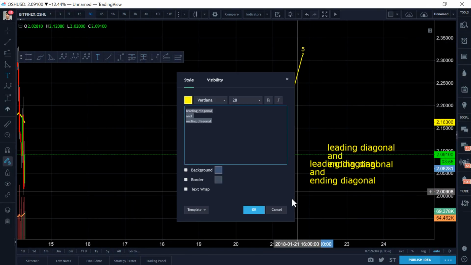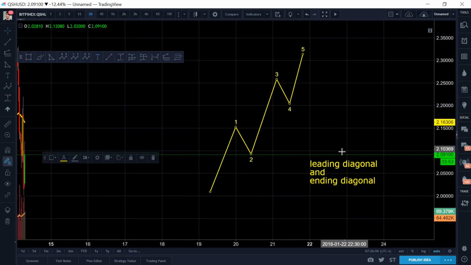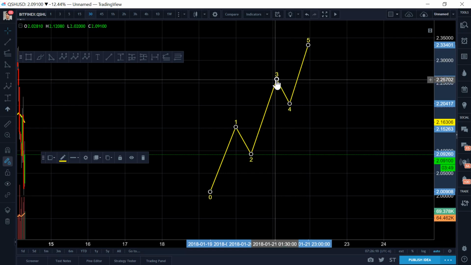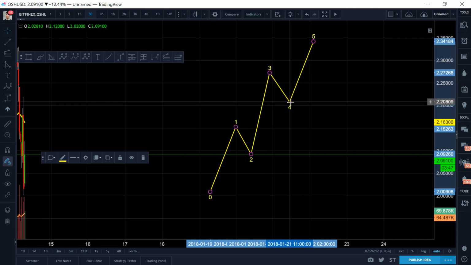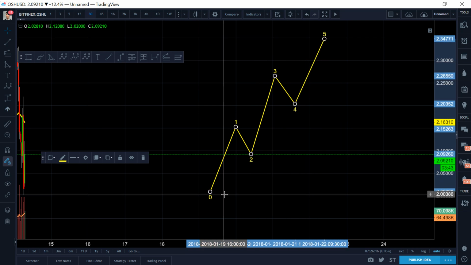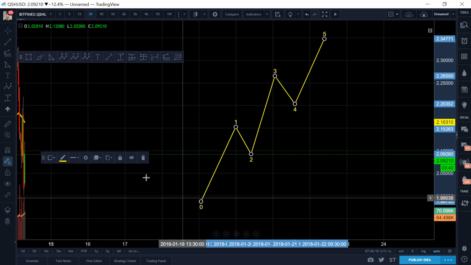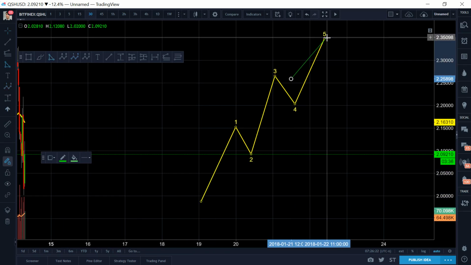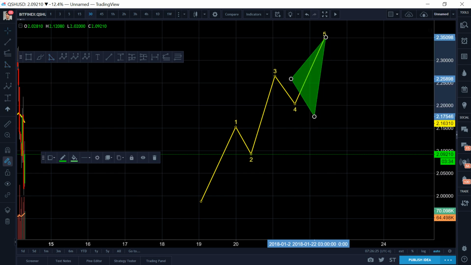So diagonals can occur in wave 5 or C positions. When we talk about a rising wedge, it cannot occur in wave 3 over here. In each subwave it can occur, for example, a rising wedge.